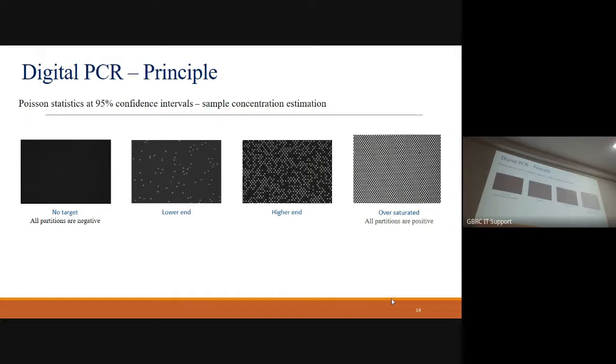Here all partitions are negative. This is the low copy number. Suppose you are detecting only 3 or 4 copies, the signal will be like this. And if you have higher copies, let's say more than 1,000 copies, then your signal will be like this. This is a signal map actually. And this is oversaturated. All your partitions are positive.